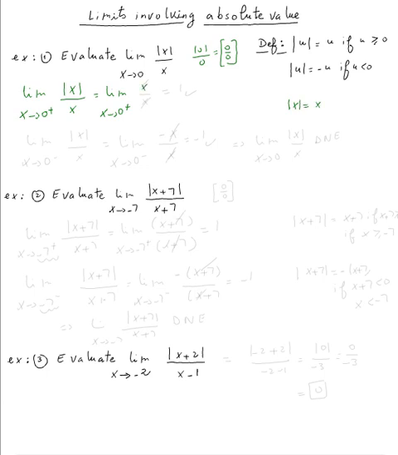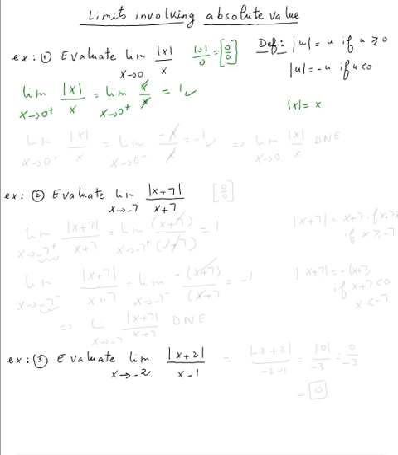So this becomes x over x. Now, the limit of x over x as x approaches 0 from the right side, we can just simplify the x and write 1, because x is not equal to 0. It's not 0 over 0. It's a number bigger than 0 over a number bigger than 0. So it's equal to 1.